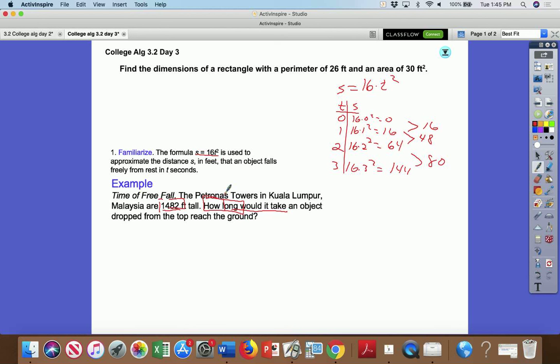Time. So 1482 is a distance. So I'm going to have you plug in 1482 in for S, and then now solve this quadratic by using inverse operations. So divide by 16, take the square root, you should get about 9.6. See if you can do that.